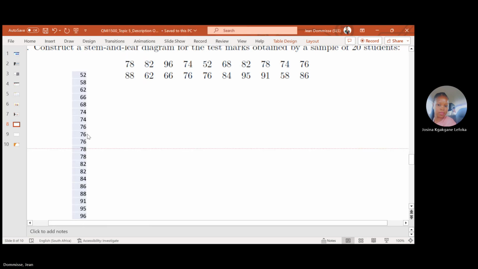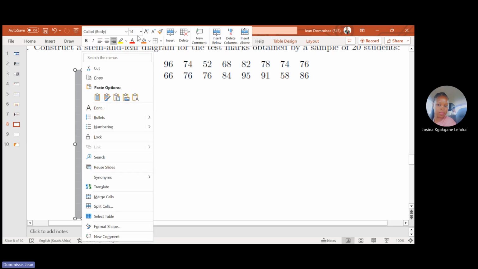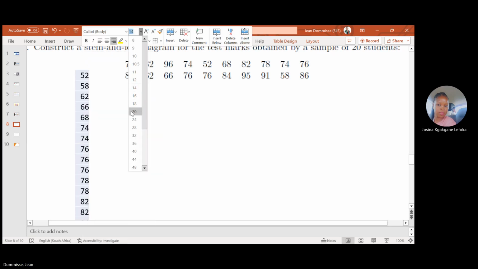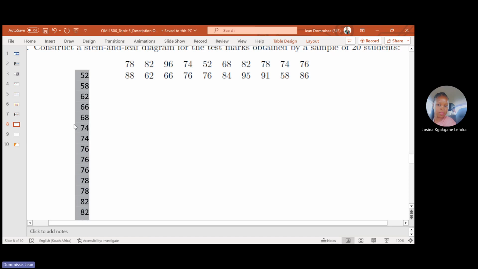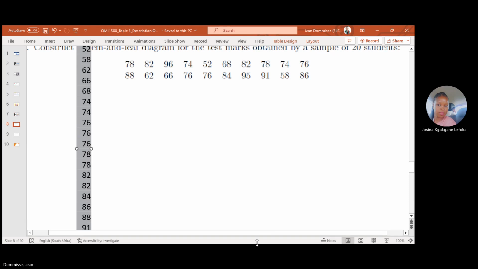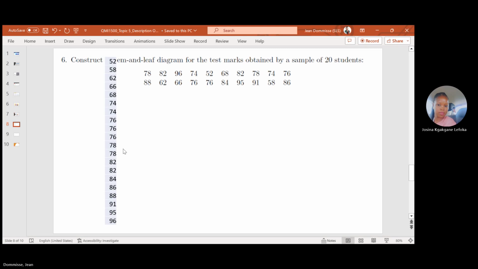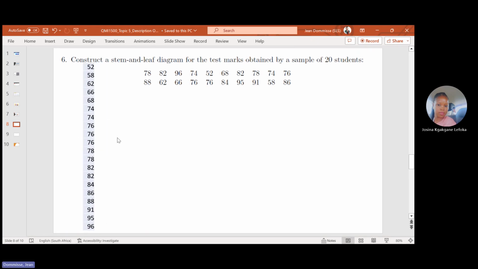Okay, that's at least a bit bigger. I'm going to try and make it even bigger than that. Okay, that's much better, I think. So we've now got our data.